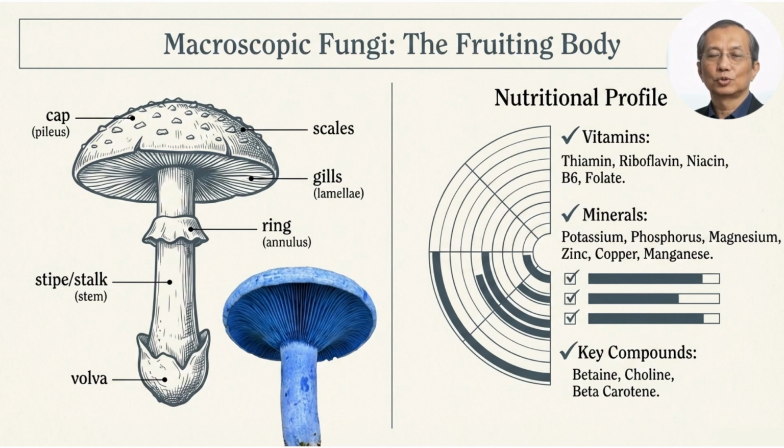Furthermore, mushrooms offer a rich nutritional profile, providing essential vitamins like thiamine, riboflavin, niacin, B6, and folate, as well as minerals such as potassium, phosphorus, magnesium, zinc, copper, and manganese. They also contain key compounds like betaine, choline, and beta-carotene.